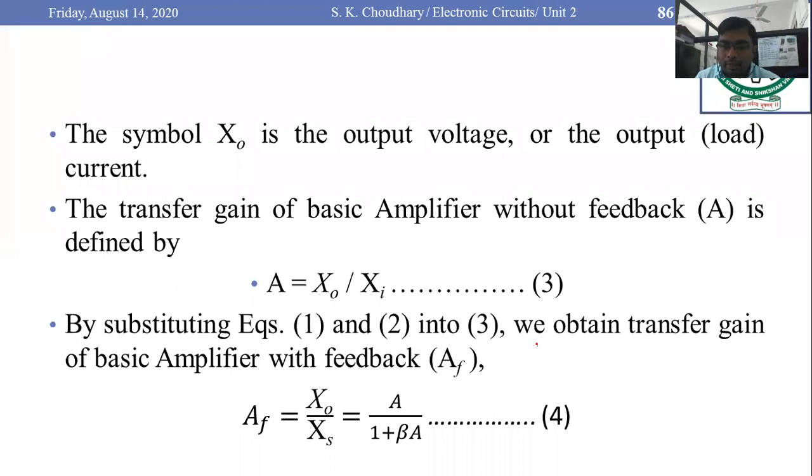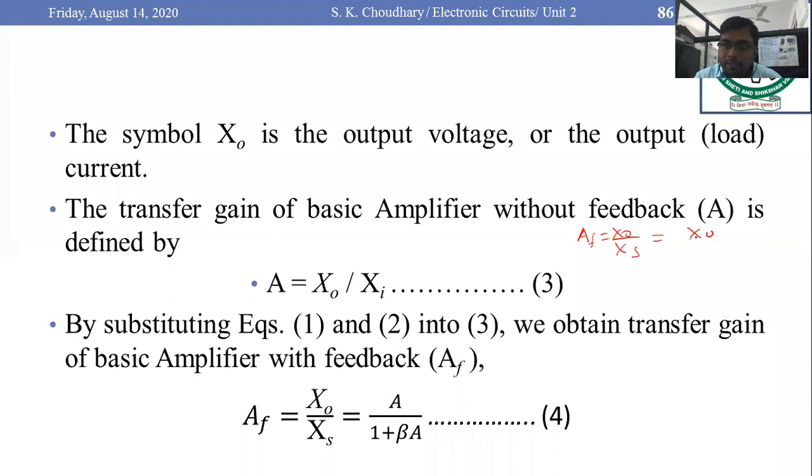Simply, AF is equal to X naught upon XS.